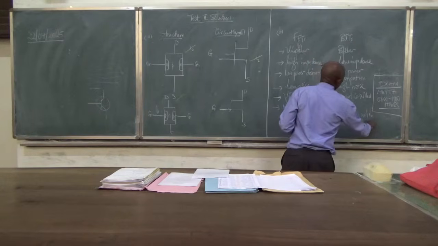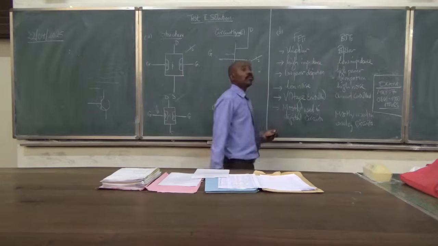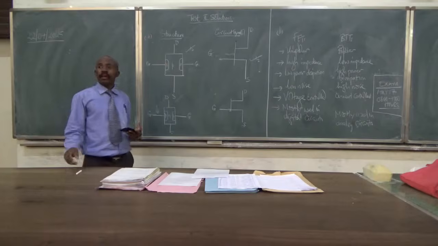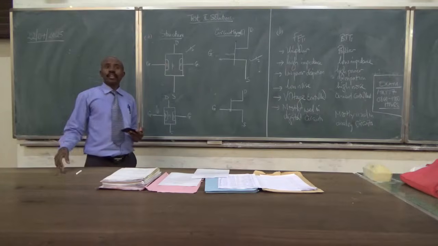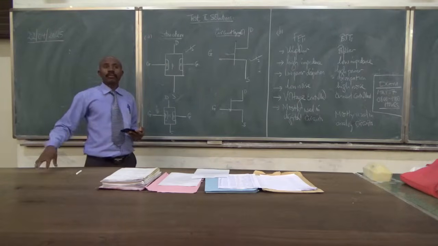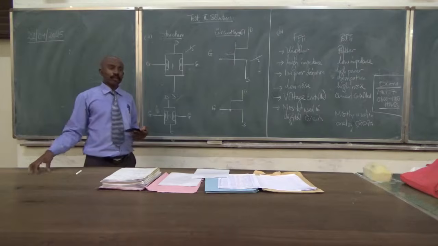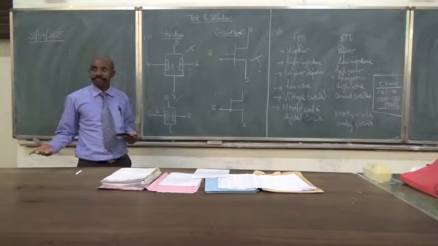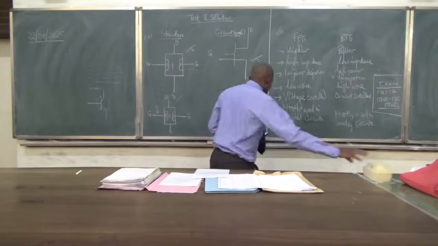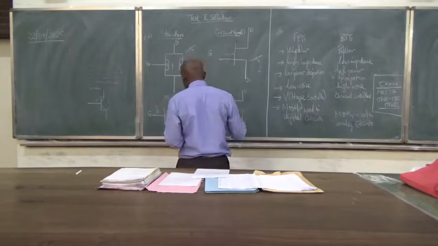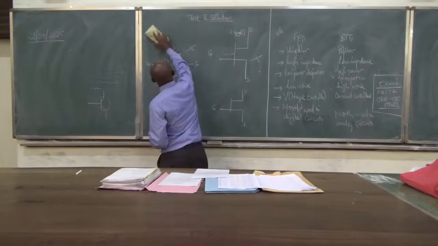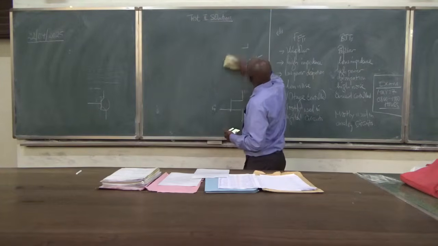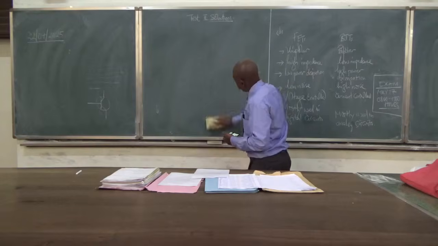And I remember the assignment was to draw the comparison with the BJTs. So I have put it right. Feedback. Feedback is when you put all or part of the output into the input.